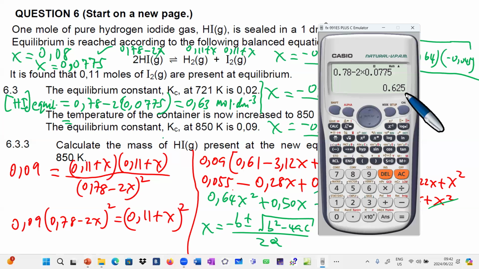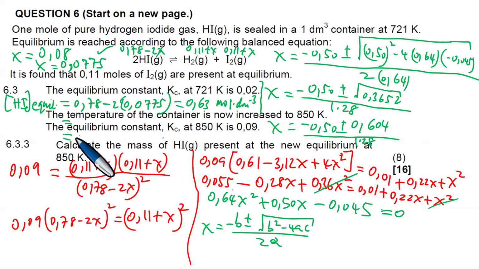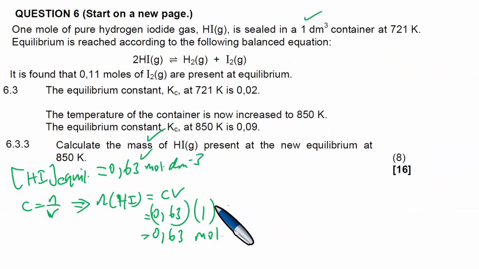We don't see 0.63, but you can see that it is actually 0.625 moles per decimeter cubed, which is rounded off to 0.63. So here also, the more accurate answer would be 0.625 times 1, which is 0.63, but we have a rounded off result.